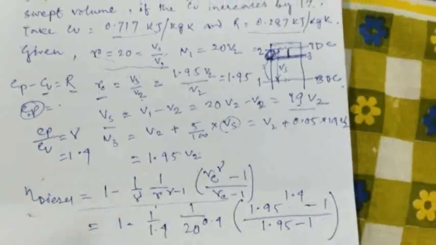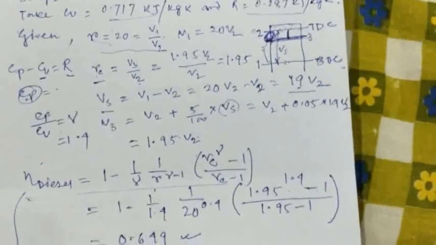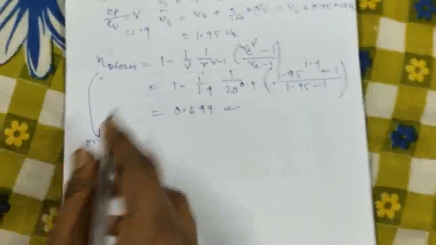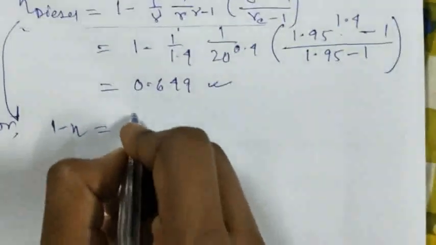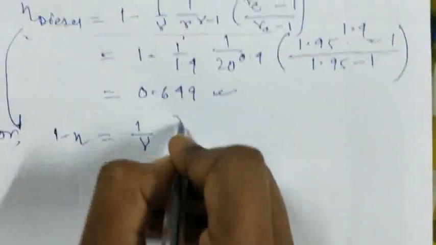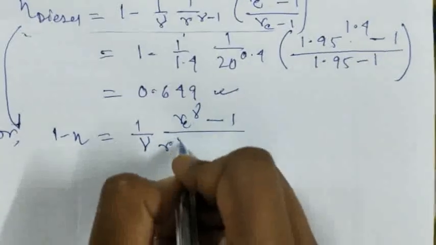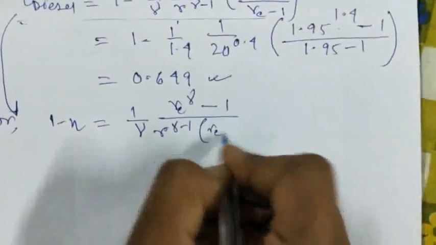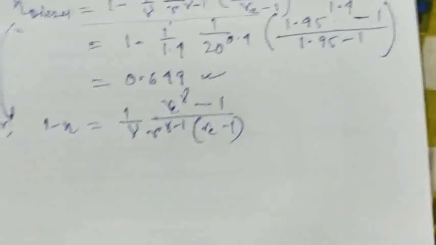So from this equation, we can rearrange it like this: 1 minus efficiency will be equal to 1 by gamma, rc to the power gamma minus 1 by r to the power gamma minus 1 into rc minus 1. So this will be our equation after rearrangement.